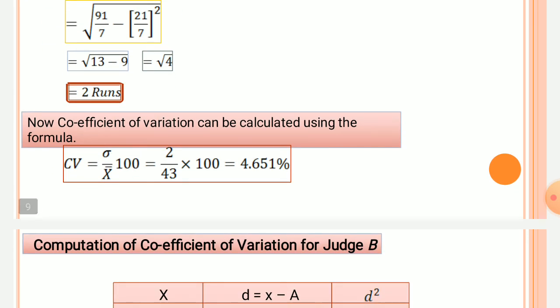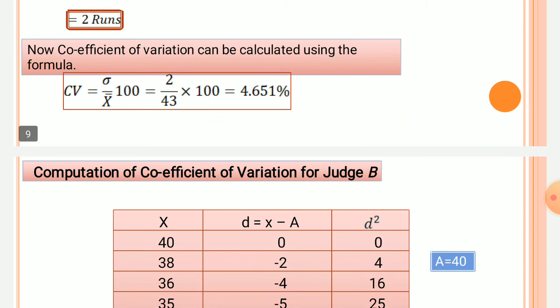Now, coefficient of variation can be calculated using the formula CV is equal to sigma by mean into 100. Standard deviation 2 by arithmetic mean 43 into 100 is equal to 4.65 percent. This is the value of CV for judge A.